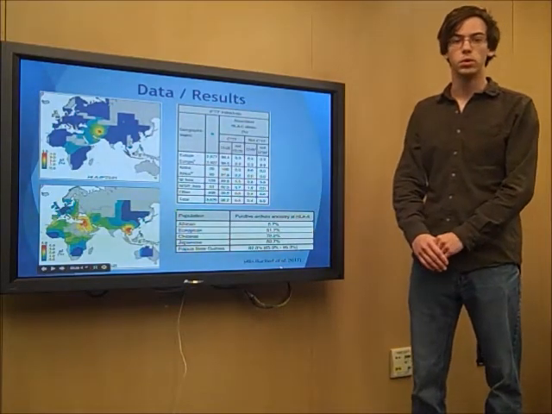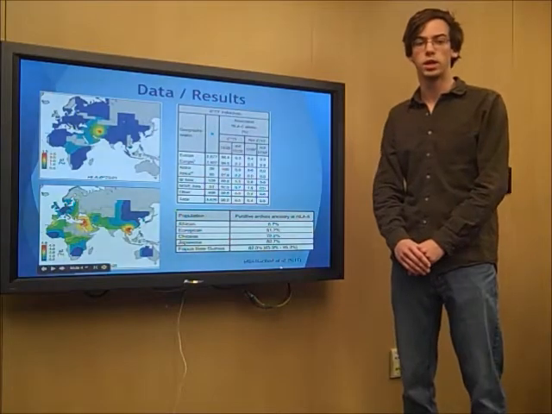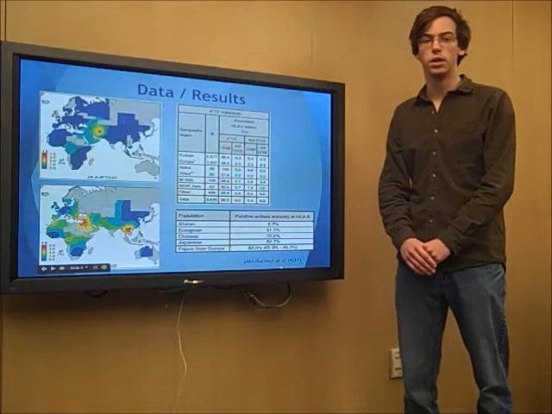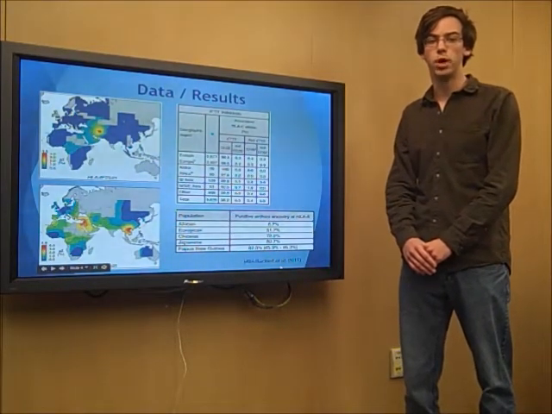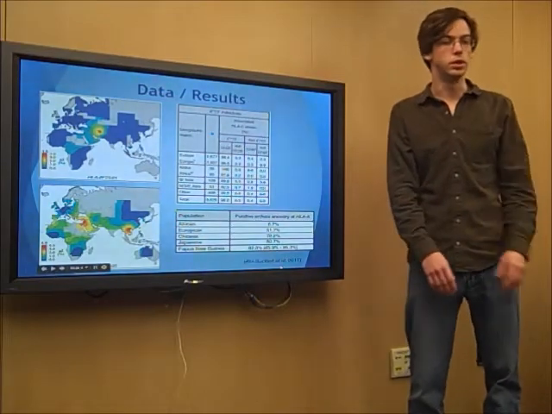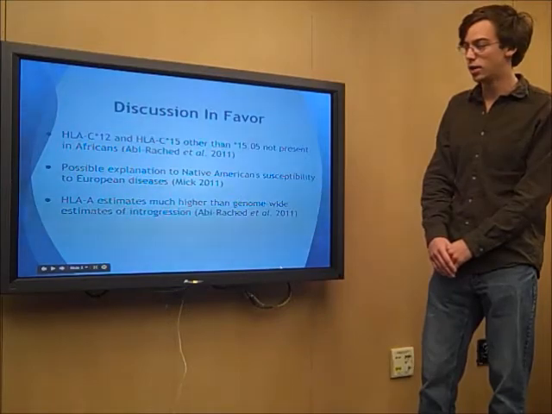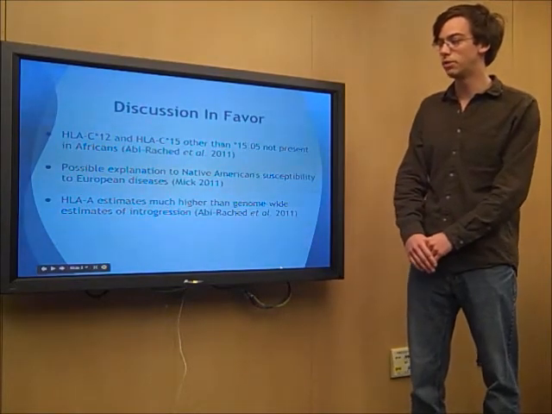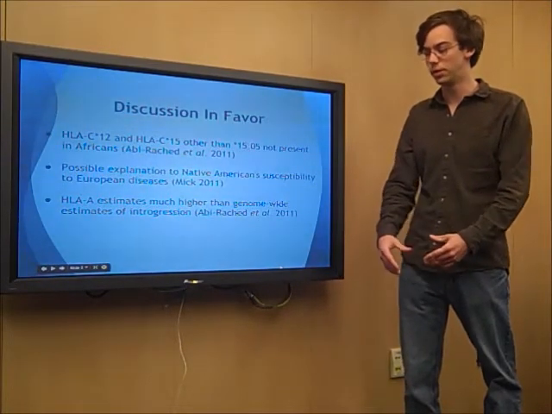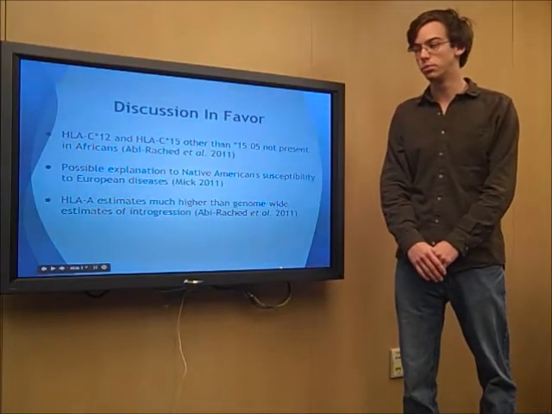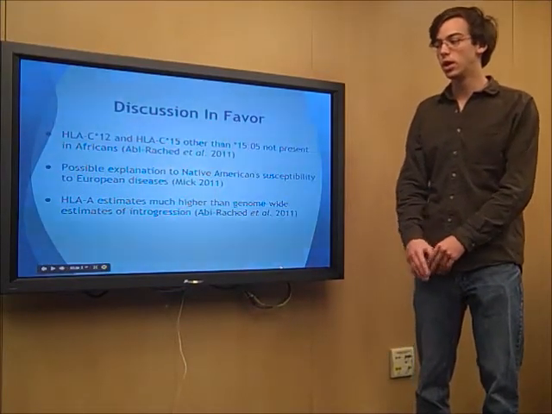This bottom table shows the putative archaic ancestry at HLA-A. These were estimated from the combined frequencies of these 6 alleles. As we noted on the previous slide, the HLA-C12 and HLA-C15, other than 1505, were not present in Africans.